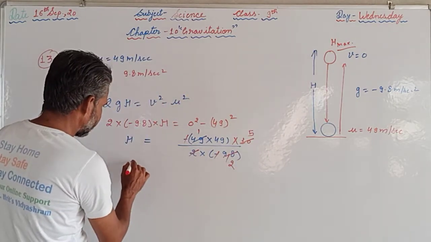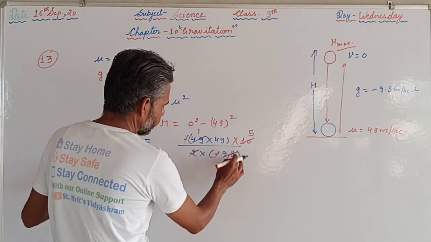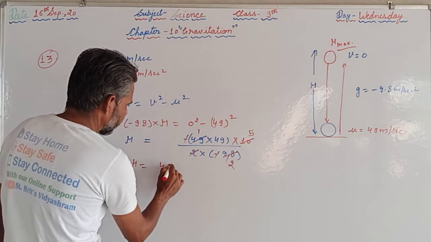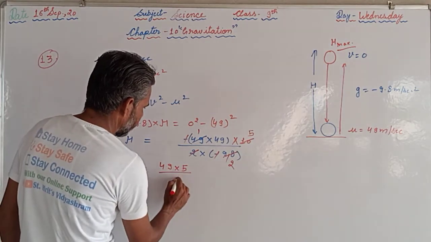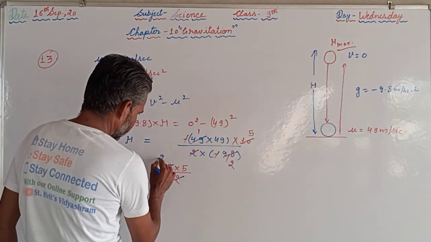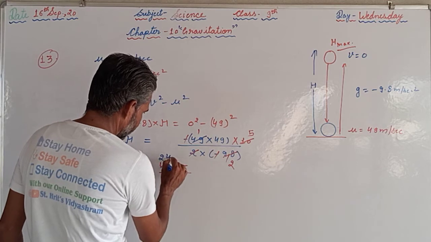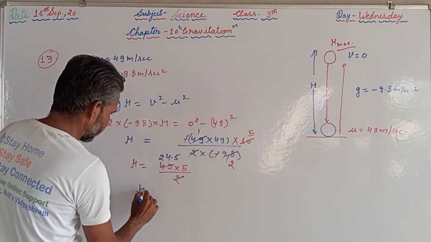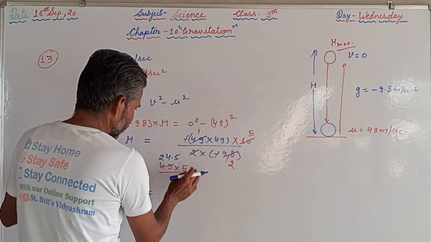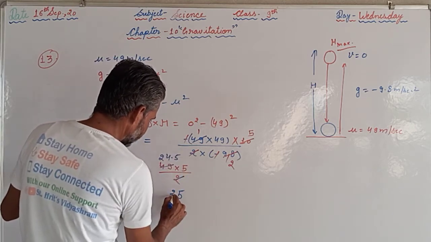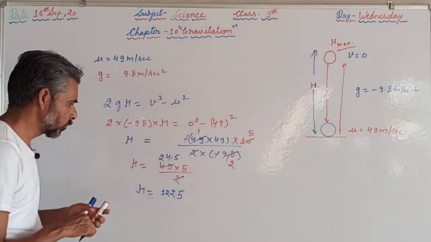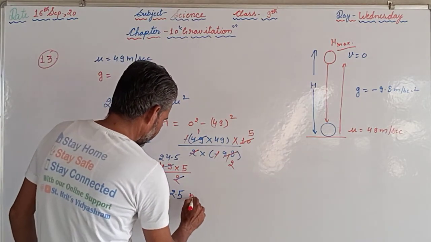Now h will be equal to 49 into 5 upon 2, which is 245 upon 2, and h will be equal to 122.5 meters.